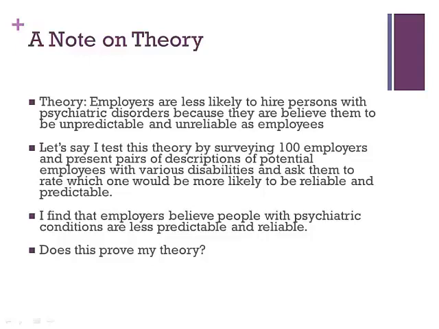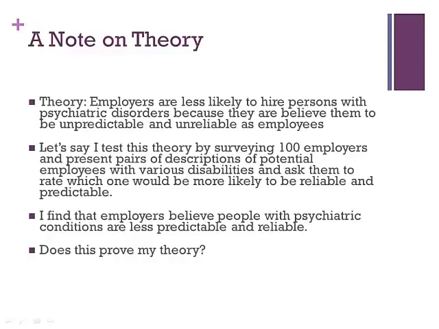If we consider our theory that employers are less likely to hire people with psychiatric disorders because they believe them to be unpredictable and unreliable as employees. Okay, let's say I test this theory by surveying 100 employers, and the way we go about testing this theory is by presenting pairs of descriptions of potential employees.